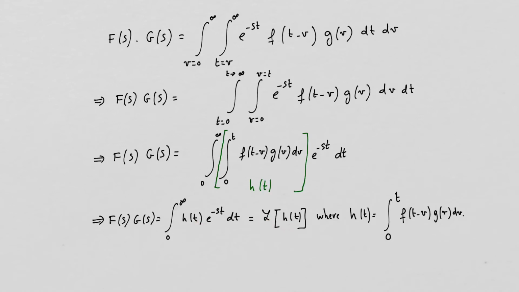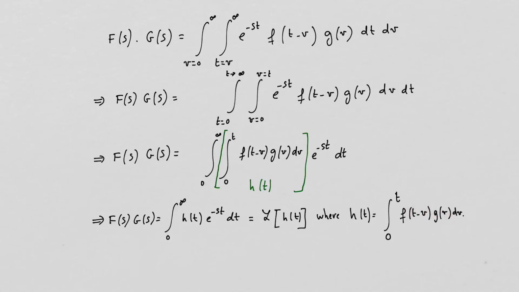Isn't that true? In other words, F of s G of s is the Laplace transform of h. What is h? H is this integral. Now notice that this integral involves f and g, and that is a normal multiplication right there. Now the input is not the same. This has v and this has t minus v, and that's important, okay?